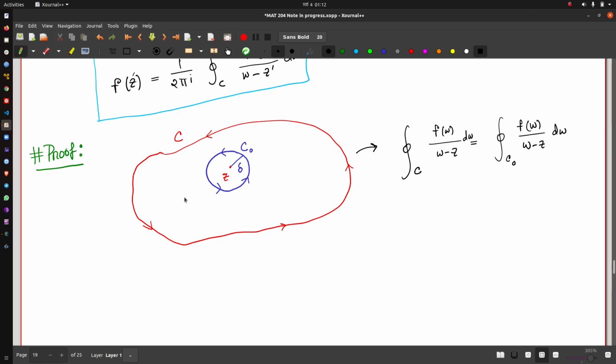That means we have this arbitrary contour denoted with a red line, and by Cauchy's theorem this is equivalent to evaluating a contour integral on this small circle with a radius of delta.